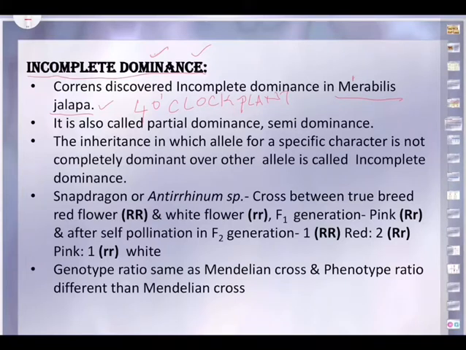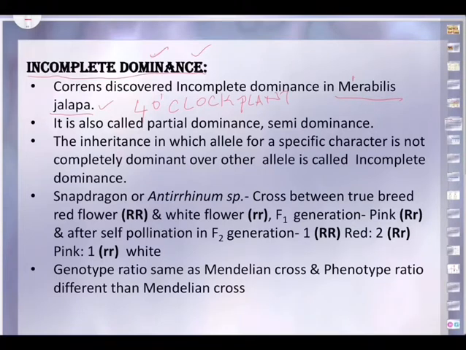The phenotypic as well as genotypic monohybrid ratio in the F2 generation in incomplete dominance will be 1:2:1. 1 is the pure dominant, 2 is the hybrid, and 1 is the pure recessive. We said in our previous monohybrid class, the phenotypic ratio of the F2 generation is 3:1 and the genotypic ratio is 1:2:1.